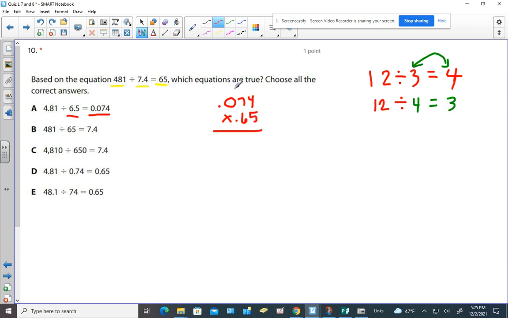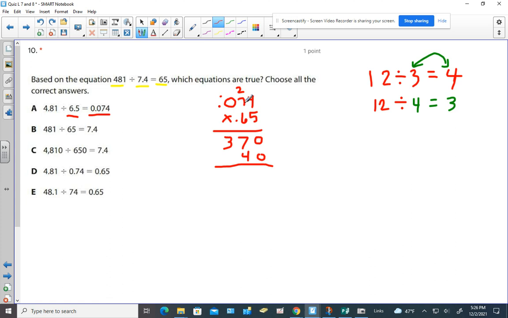So if we do the check and we take this number and multiply it by this number, here we get the 20. Here we get 35 and 2 more is 37. Here we get the 0 and the 3 more makes 3. Put a 0 to hold our place. Erase our old renamings or cross them out, whatever you prefer. 6 times 4 would give us the 24.